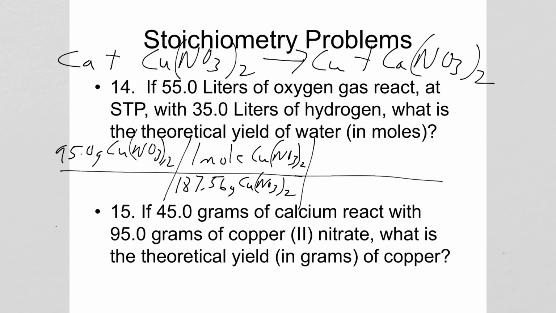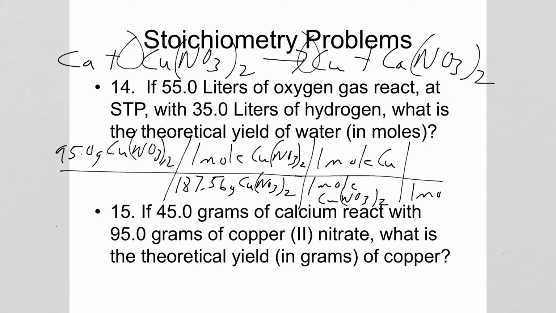So our mole ratio is 1 here, 1 here. And then finally, we need to convert from moles of copper to grams of copper, realizing that the molar mass of copper is 63.55 grams.